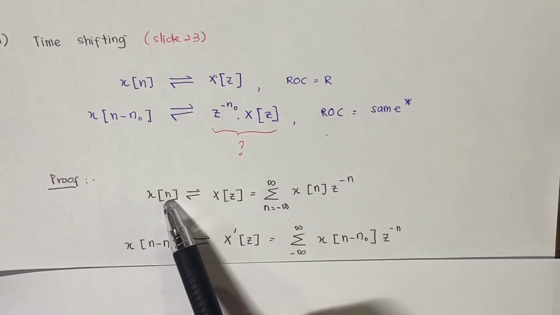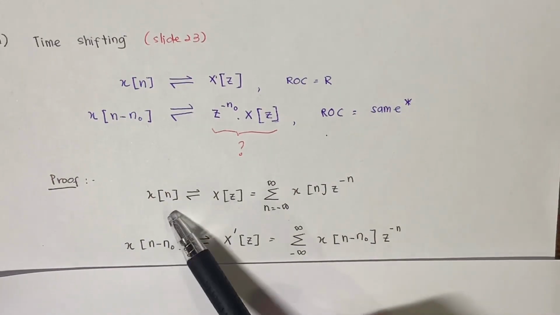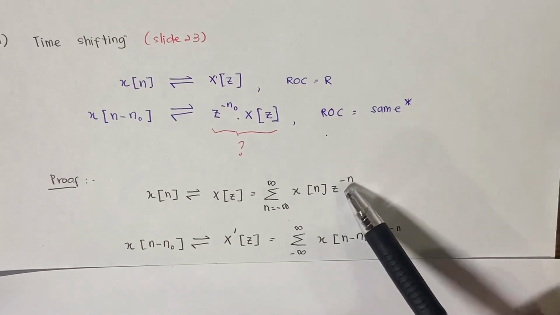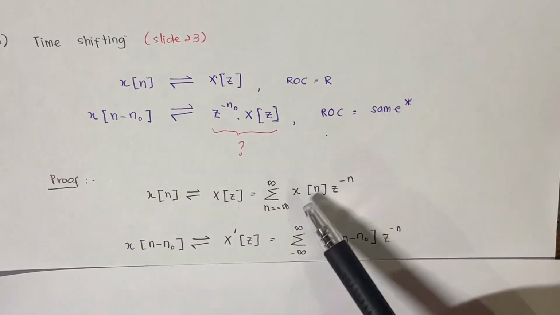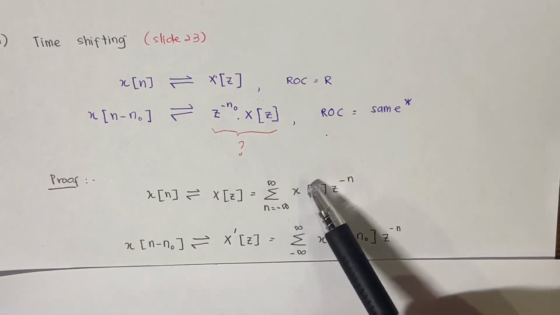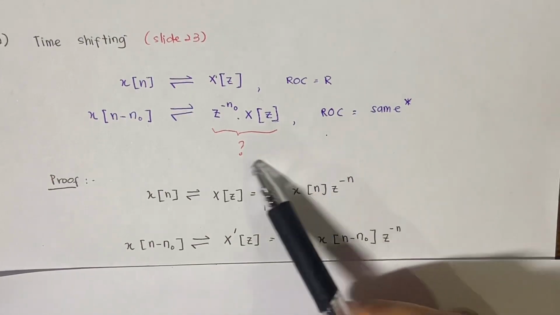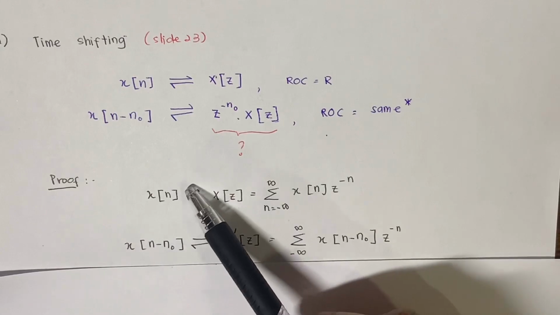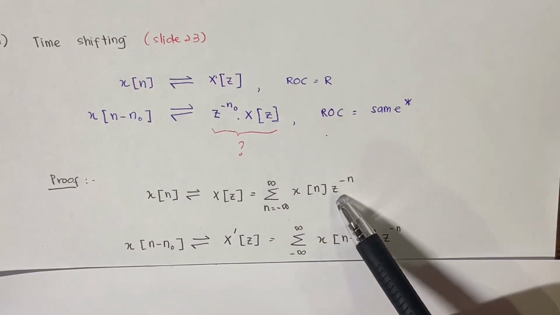The Z transform for the x[n] signal is the summation from n equals negative infinity to infinity of x[n], taken from the original signal, times z to the power of negative n.